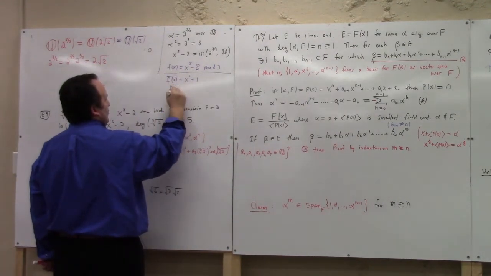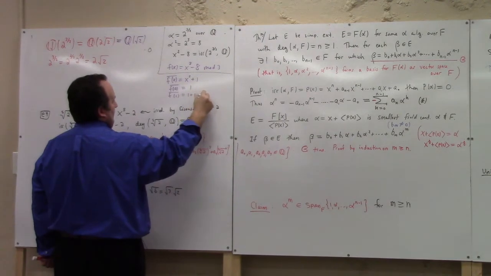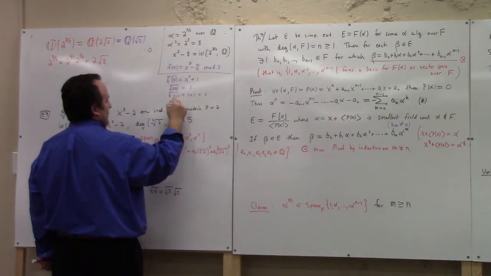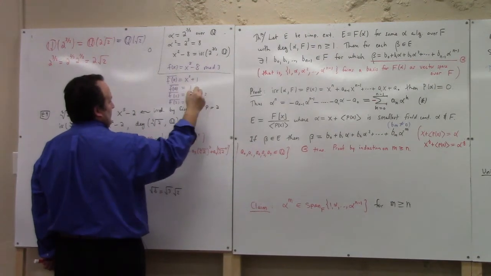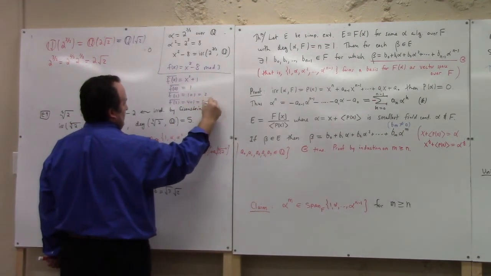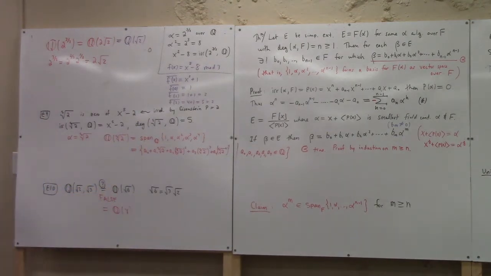So f of x. Plug in 0, what do you get? Plug in 1, what do you get? Plug in 2, what do you get? 4 plus 1, which is 5, which is 2, right? So this is a quadratic. It has no zeros. Therefore, this polynomial is irreducible over Z3.